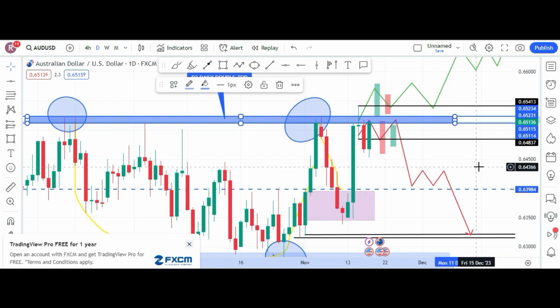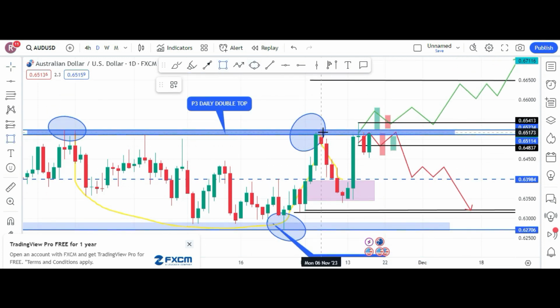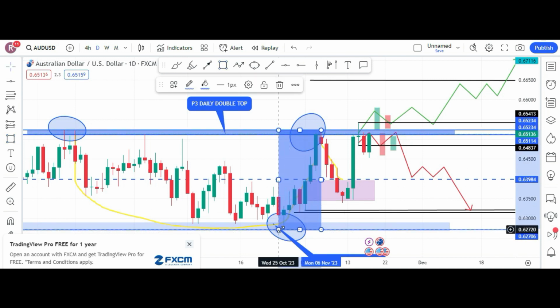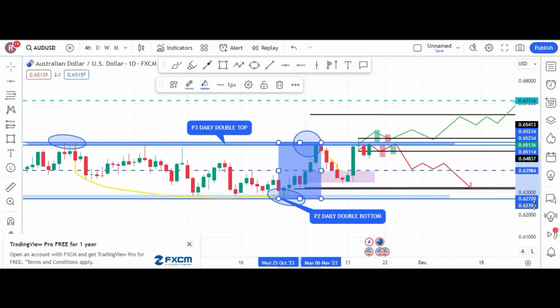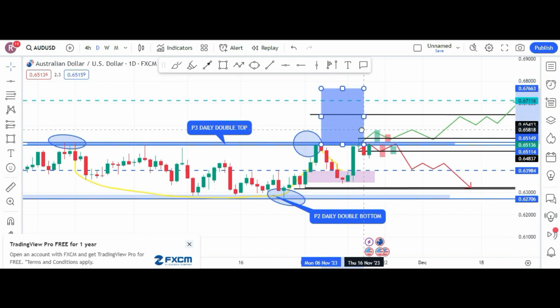Okay, so if we measure this cup from here to here, this is the depth of the cup we have at the moment, and if we put this on the top, on here, this is the top.